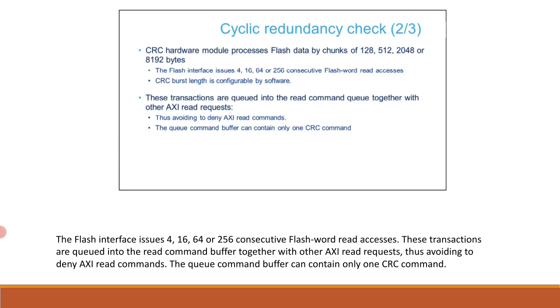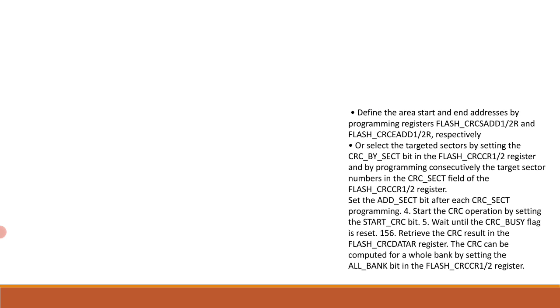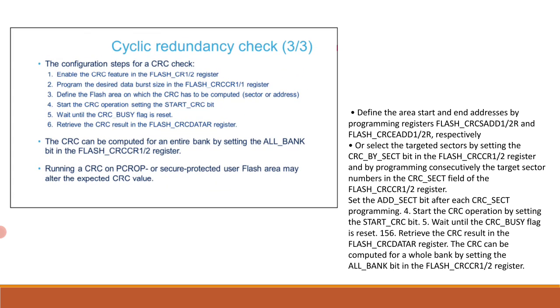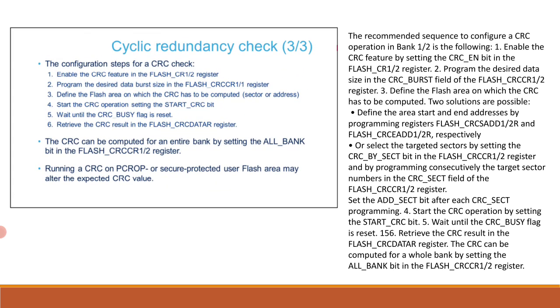So we need simple steps for configuring the CRC check, right? The recommended sequence to configure a CRC operation in bank 1 or 2 is as follows. First, enable the CRC feature by setting the CRC_EN bit in the FLASH_CR1 or 2 register.